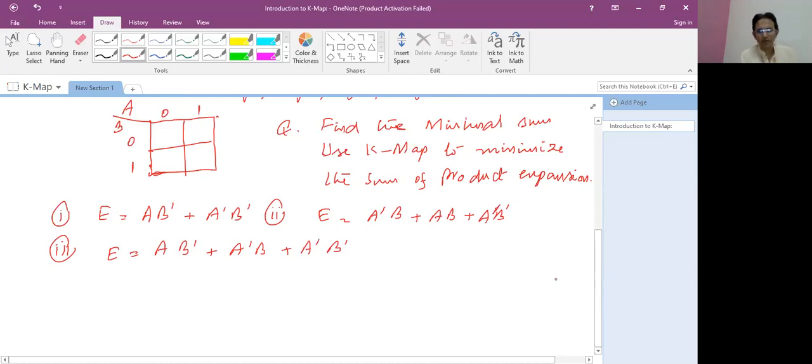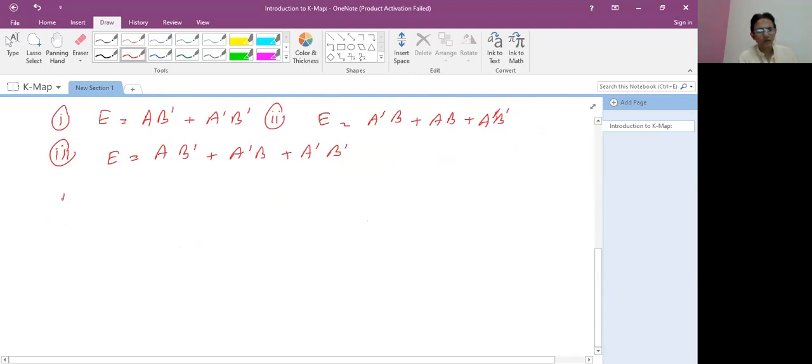First, we draw a map with the help of a presentation. When we consider the first part, student, first we draw a square because it has two variables. So we consider here two variables, 0 and 1.